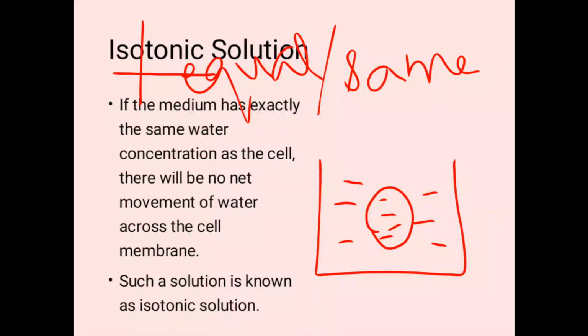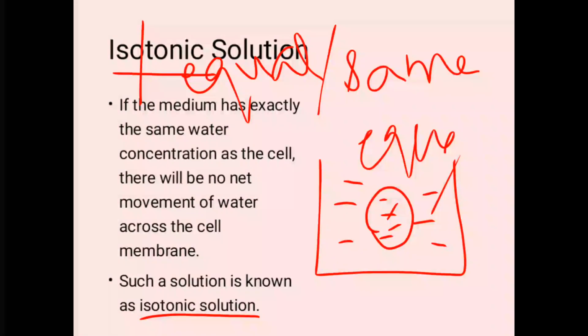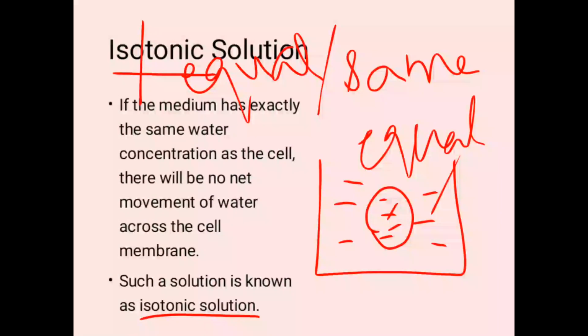So here the movement of molecules will not occur. So the net movement of water will be nil. So it is said to be an isotonic solution. Both the concentration of water inside the cell and outside the cell are equal, so the movement of molecules will not occur.